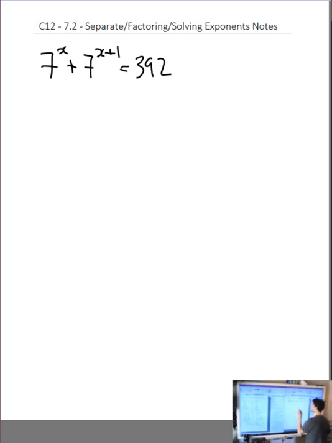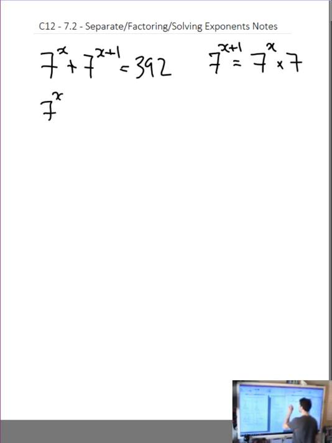Well, we learned from 7.1, separating exponents, if I have 7 to the x plus 1, that is simply equal to 7 to the x times 7. So I'm going to replace 7 to the x plus 1 with 7 to the x times 7 to the 1.